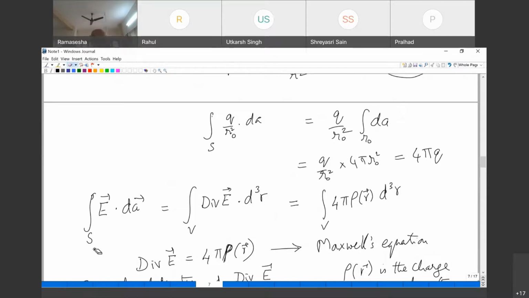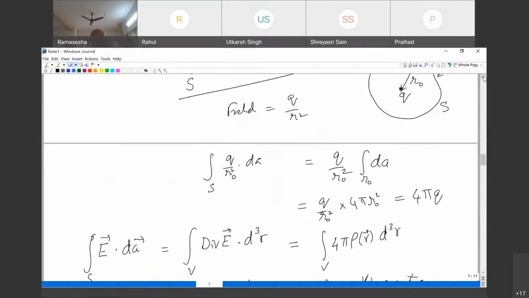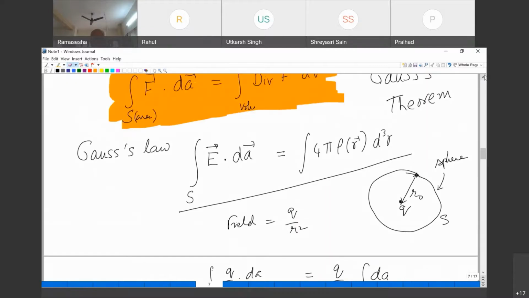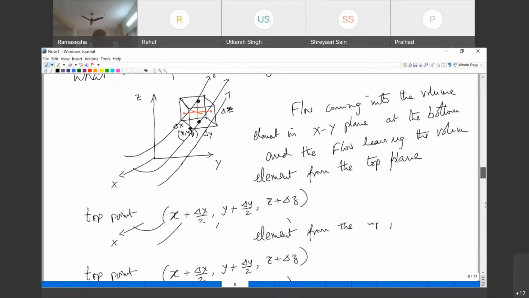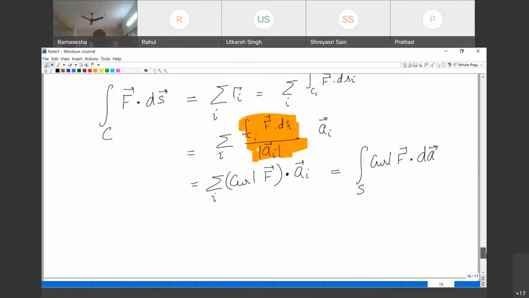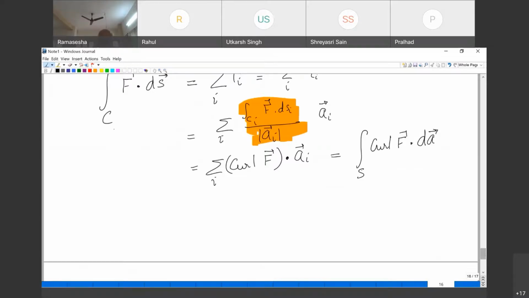I have shown what the Gauss's theorem is. You have an area integral converted to a volume integral. Okay, and here what I have is a line integral converted to an area integral.